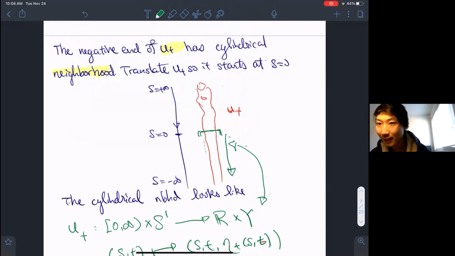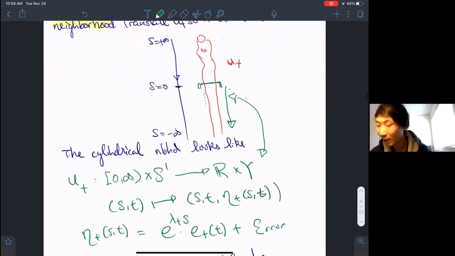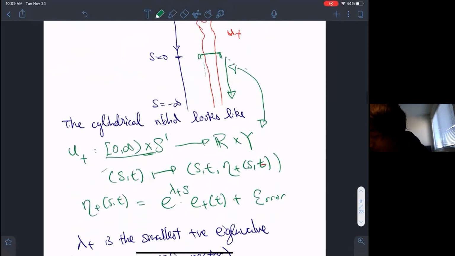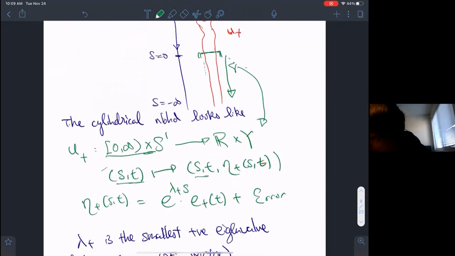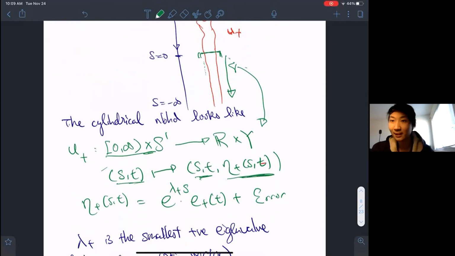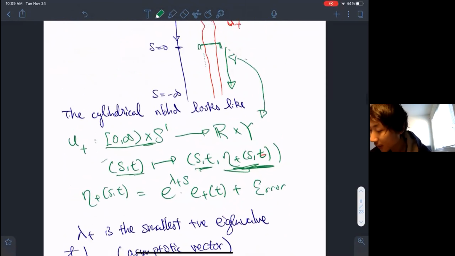Okay. And we can choose coordinates around this Reeb orbit so that U plus over the cylindrical neighborhood looks like this. It sends (s,t) to (s,t), and then there's some perturbation in the normal direction, making it J holomorphic. And we have an asymptotic formula for this eta plus.